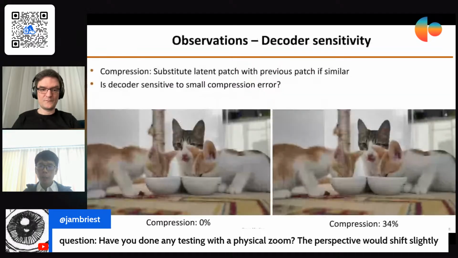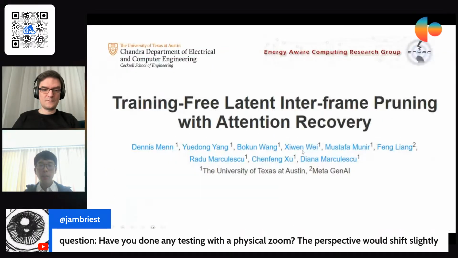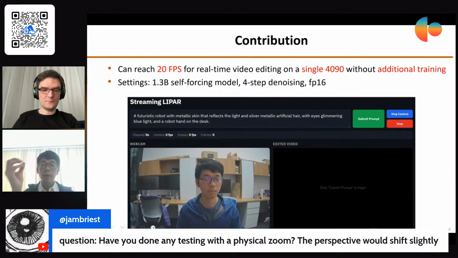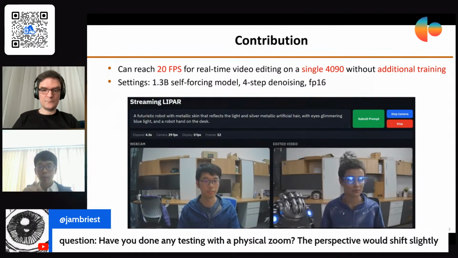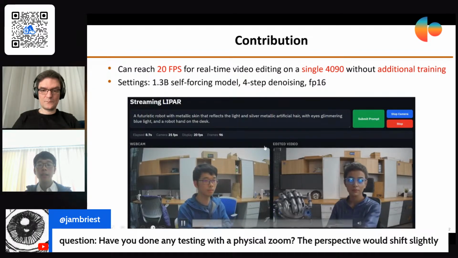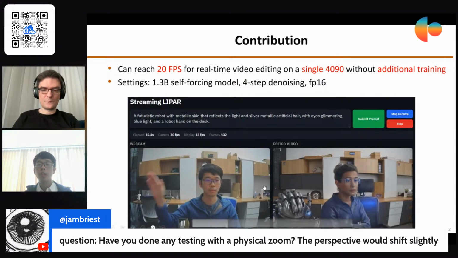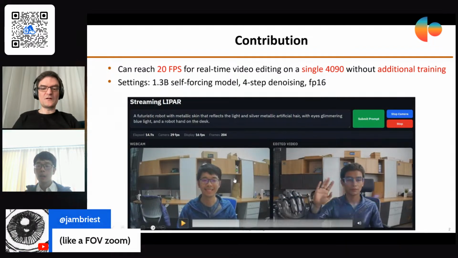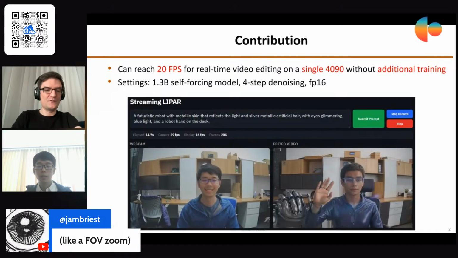So I would say this one is actually quite similar to zoom, because in zoom you have a fixed camera position, and based on the fixed camera position, you edited the video in real time. Yes, you meant more like a field of view zoom, right? Like a FOV zoom.